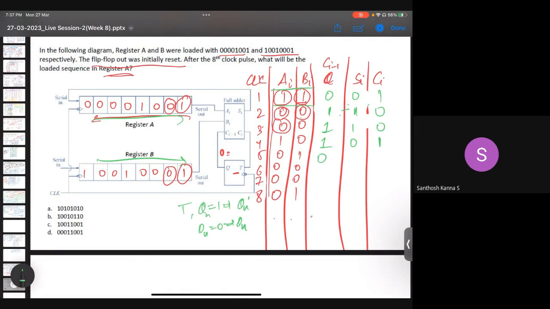Then there is 1, so the carry will toggle. 0, 1, 0 is 1, 0. Carry will not toggle. 0, 0, 0 will be 0, and carry will not toggle. 1, 0. Is it fine?